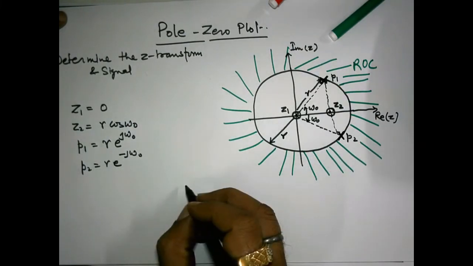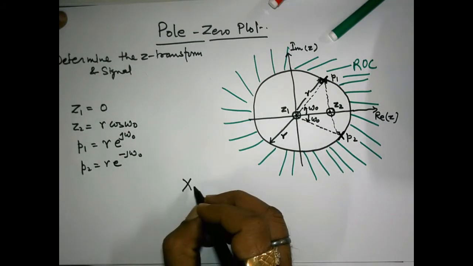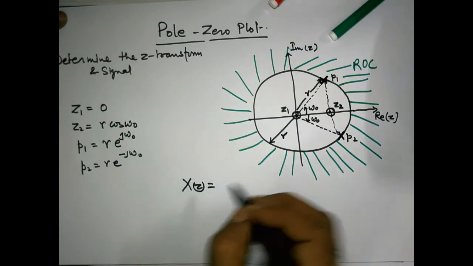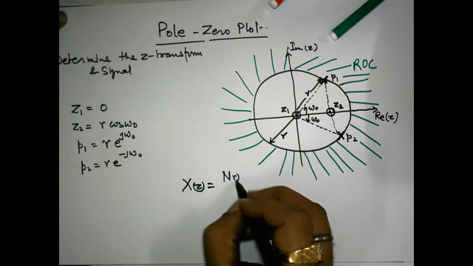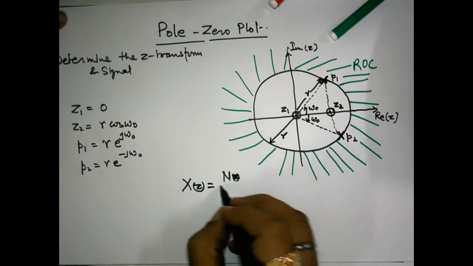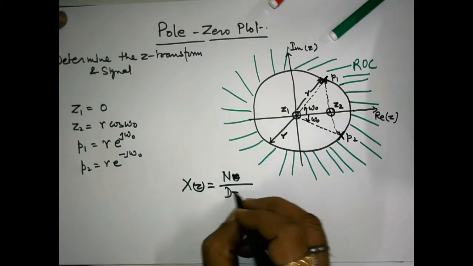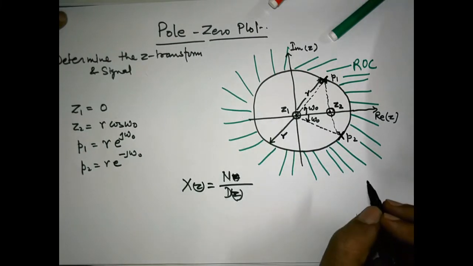So, naturally the Z transform X(z) is a numerator polynomial in z over a denominator polynomial in z.